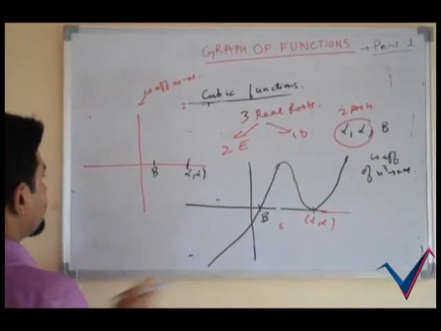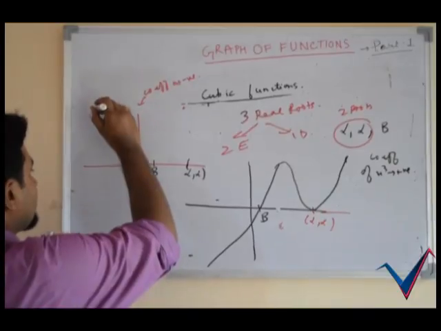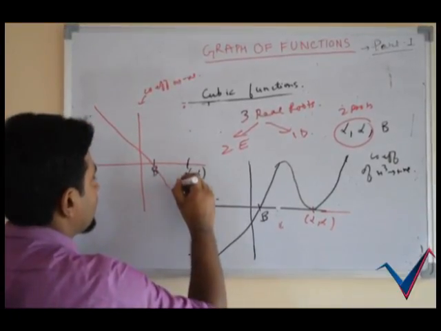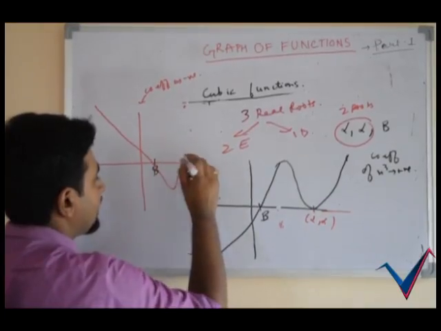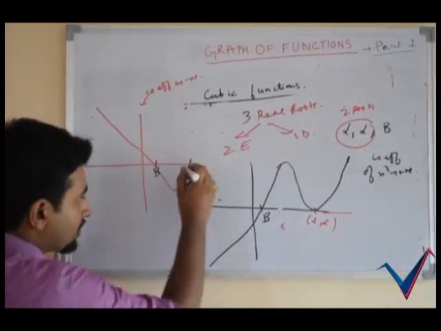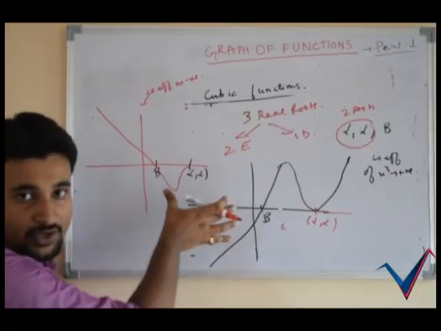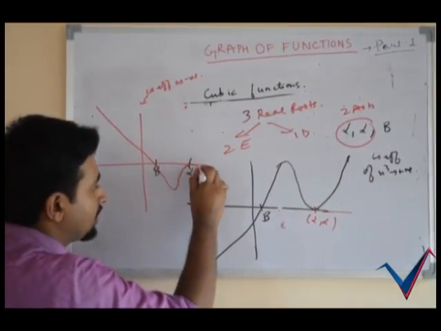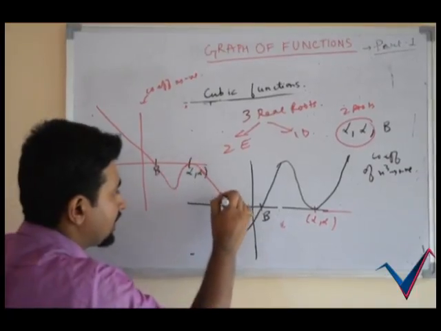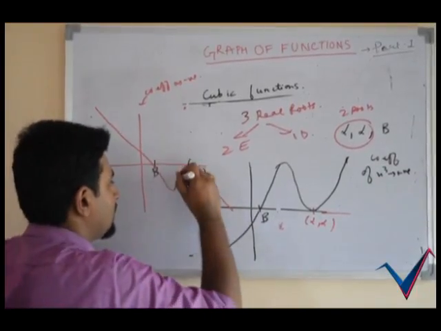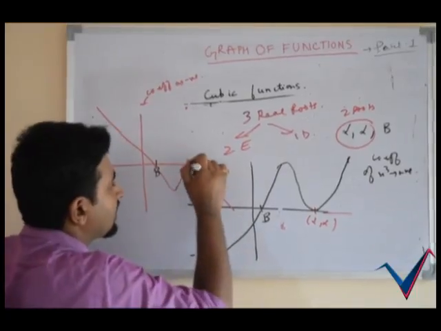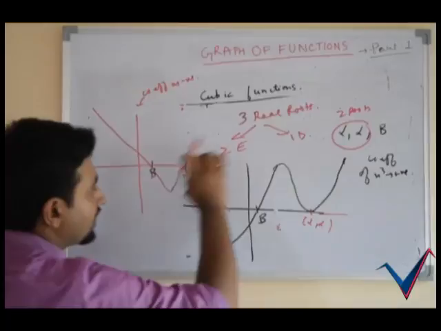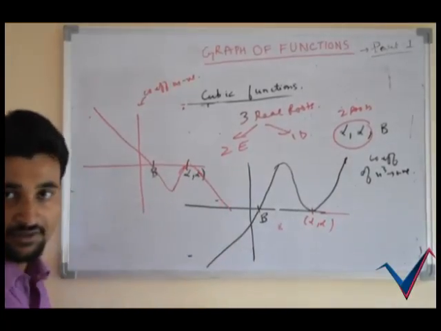It will begin from here, then it will go here, and now it won't go upwards because it has to reach this point, because we know at x equal to infinity y is minus infinity. So it will go like this. The graph would curve from this point only. Like here it curved this way, here it would curve this way.